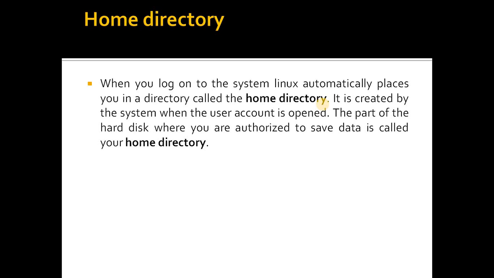So when you log in and a shell is created, the operating system places you in your home directory. If you want to know your home directory, at the bash prompt just type echo $HOME. This is a shell environment variable which stores the path of your home directory. After typing this, you press enter, and you will get the path of your home directory.